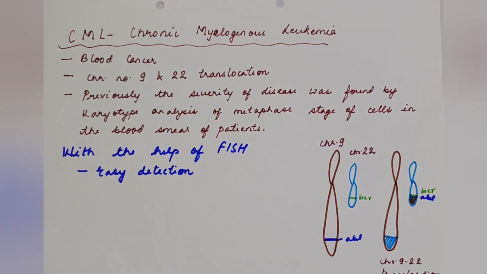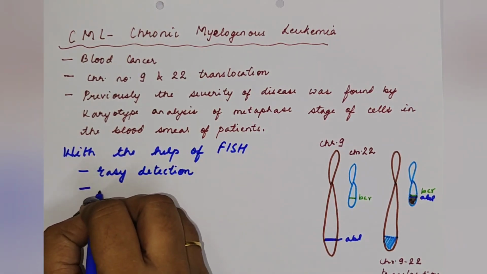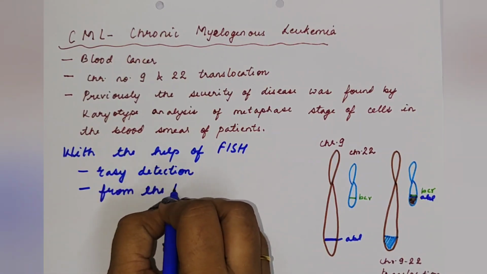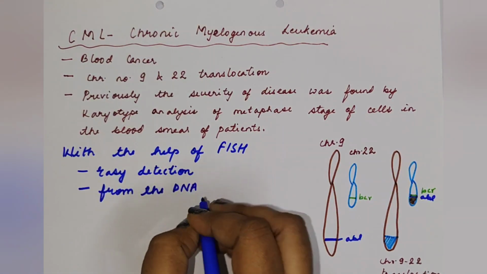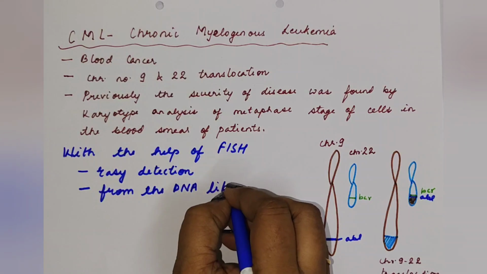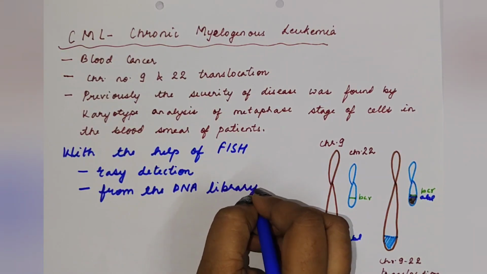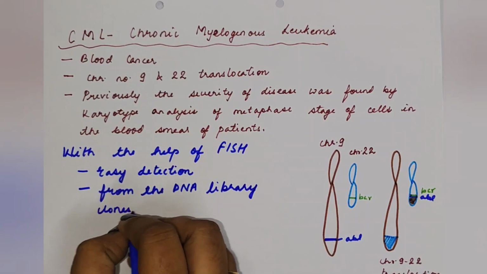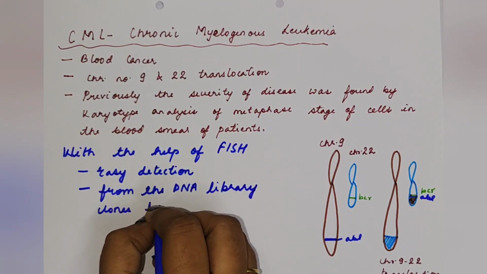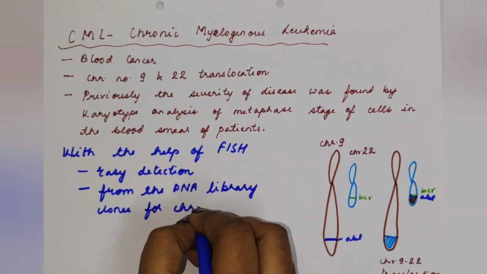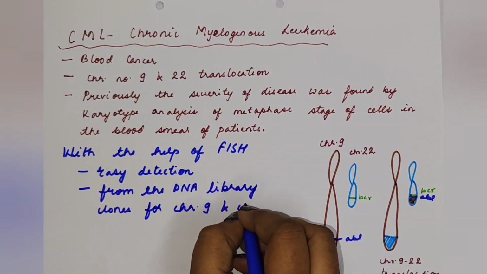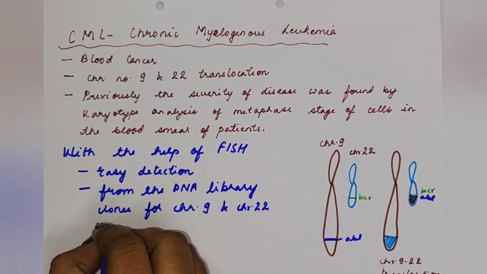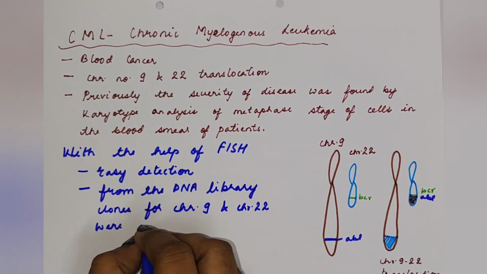Now, how is this FISH technique used in detection, let us see. From the DNA library, the clones containing the regions of chromosome number 9 and 22 were picked. Now, what is a DNA library? Like a library is a collection of books, in a similar way, DNA library is a collection of DNA.